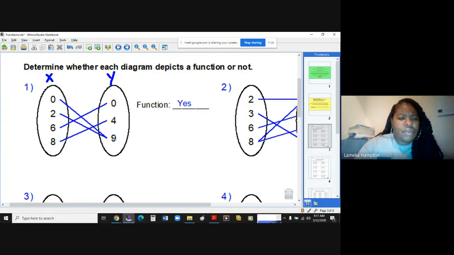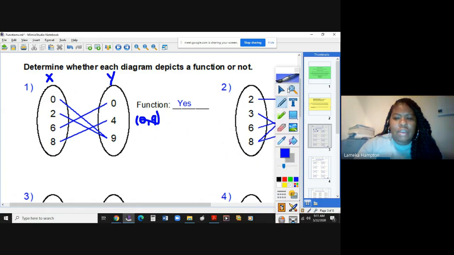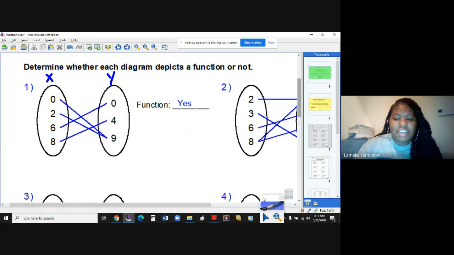I'm going to write them out here so that it's easier for you to see. 0, 9. Okay. So let me rewrite that. I have 0, 9. Then I go to 2, and that's also matched with 9.